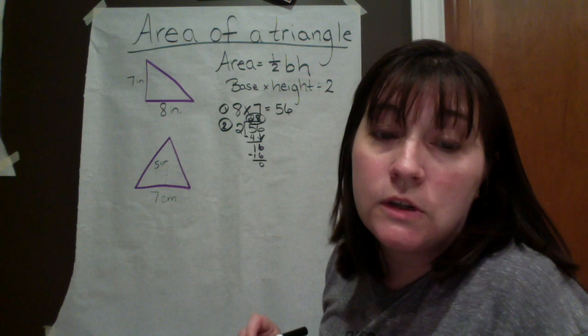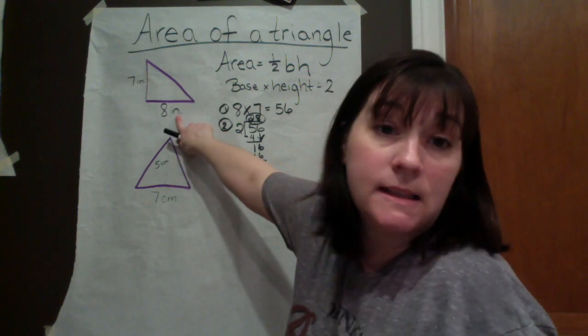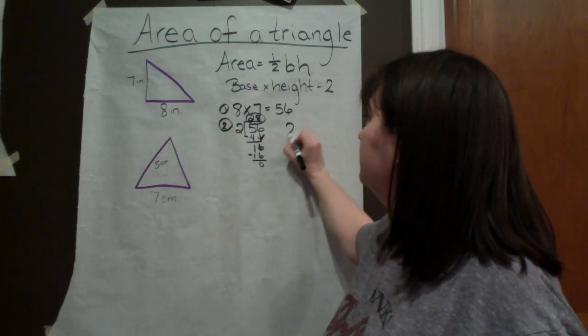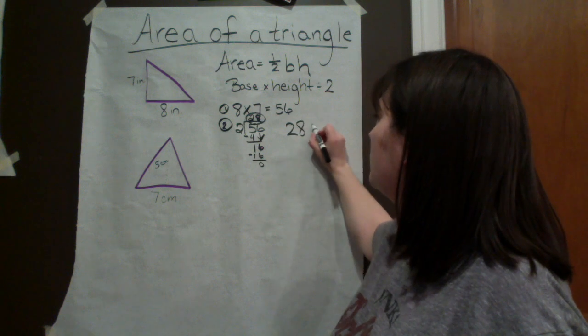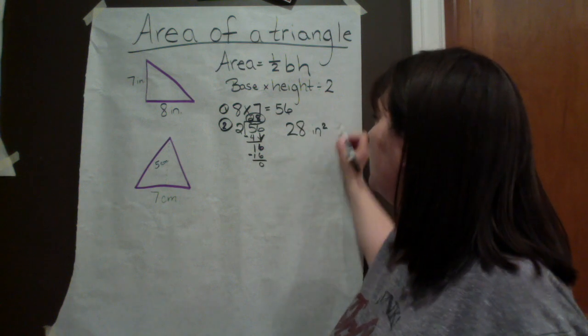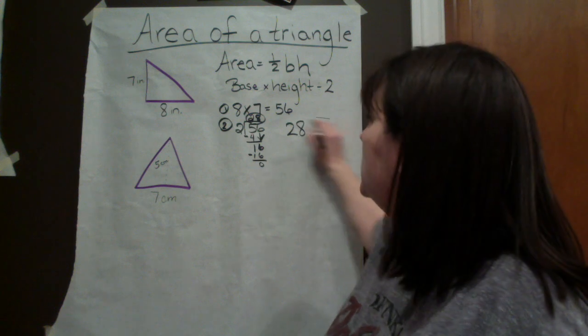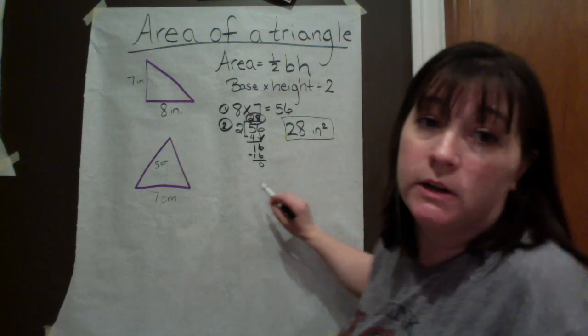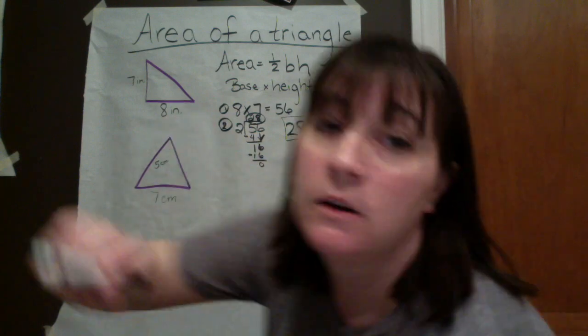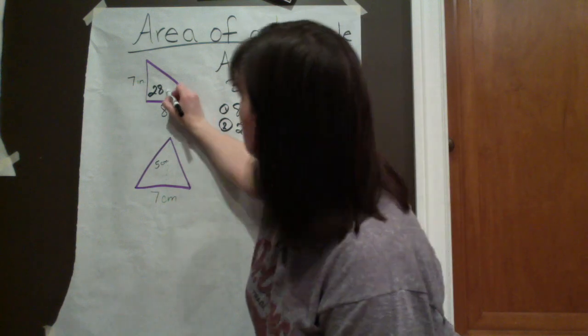So my answer is 28, and since my label's inches, remember with area it's going to be square. So it is 28 square inches. So this triangle right here, the area will be 28 square inches.